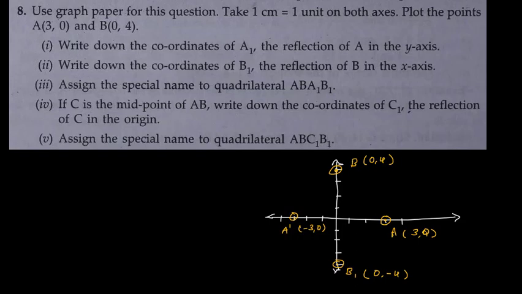Assign the special name to the quadrilateral A B A1 B1. Okay, this is A1, not A dash. Now I will join these coordinates.